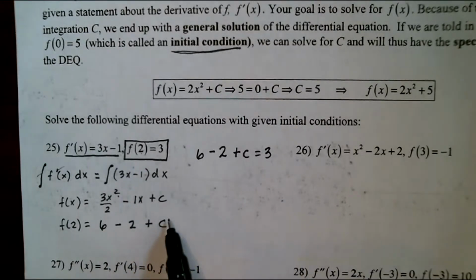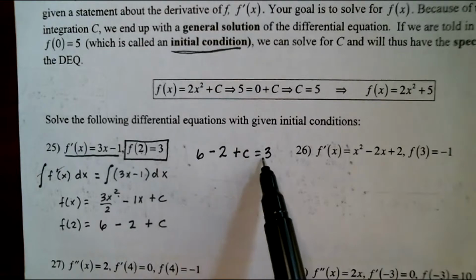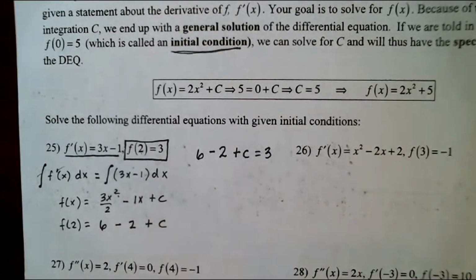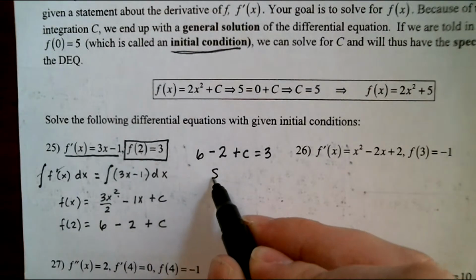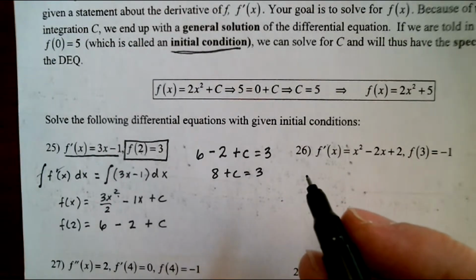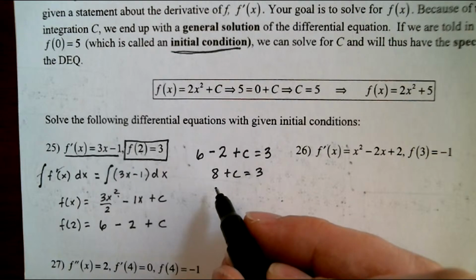Since we need to solve for c here, we can just take what we found of f of 2, set it equal to what f of 2 is actually equal to, and then just solve for c. Okay, so then that would be 8 plus c is equal to 3. And then we subtract 8 from both sides.